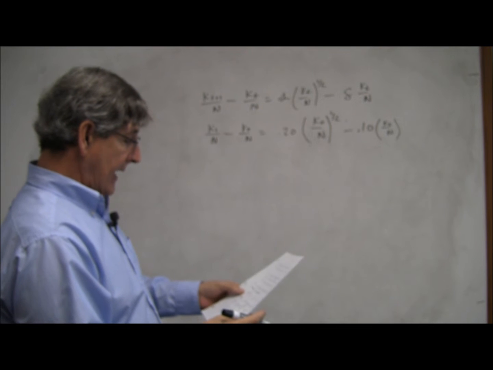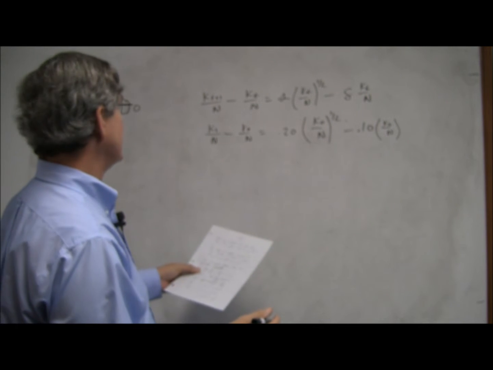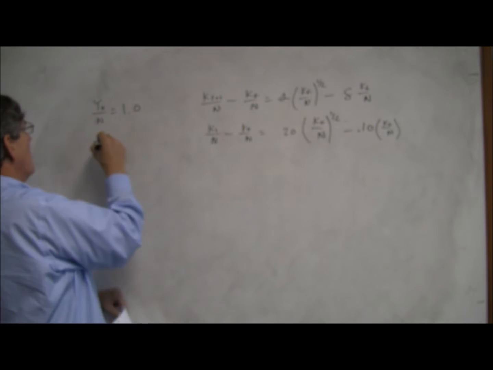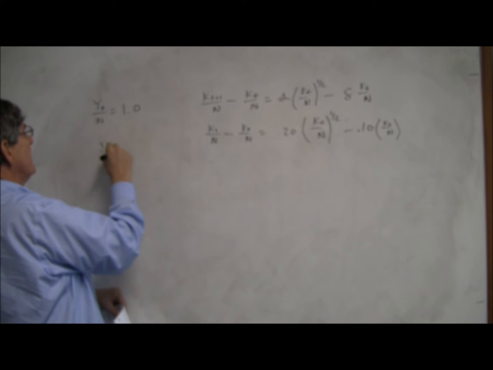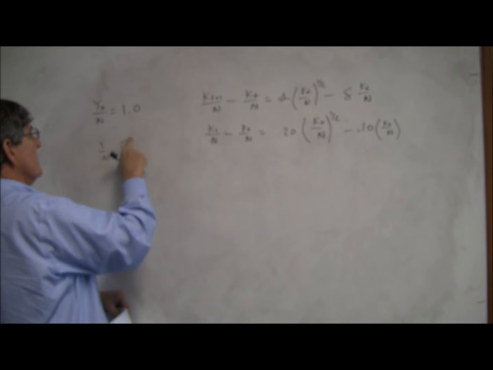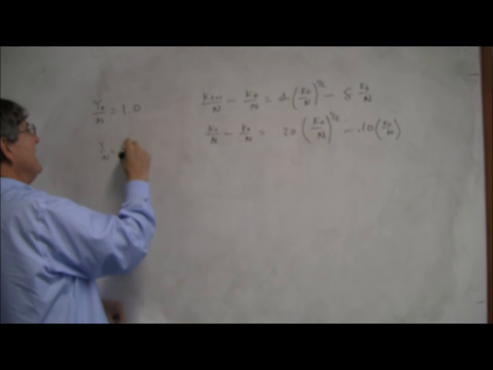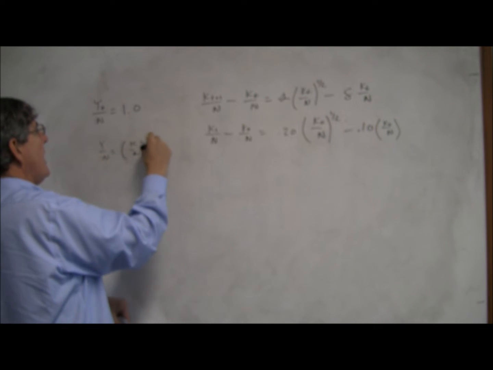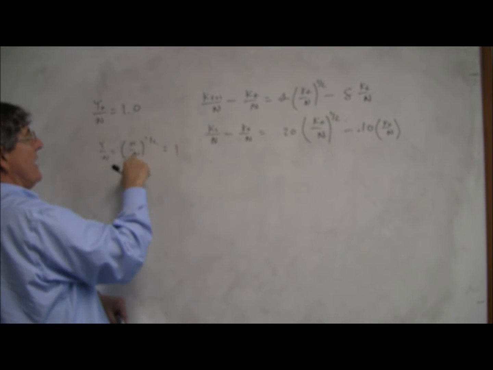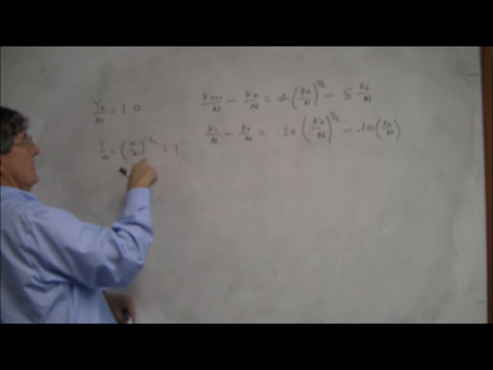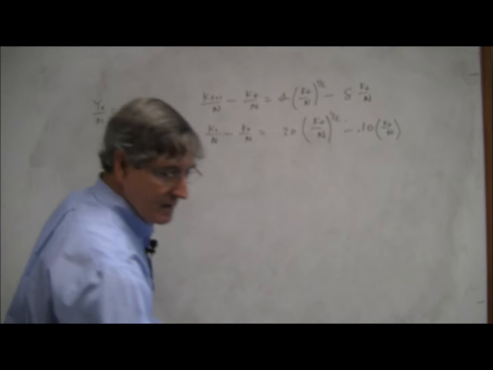Now we know that k0 over n is 1. Remember that y over n is the square root, or I've been using 1/2, same thing, k over n to the 1/2. If this is equal to 1, then that has to equal 1.